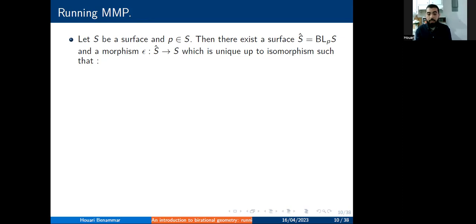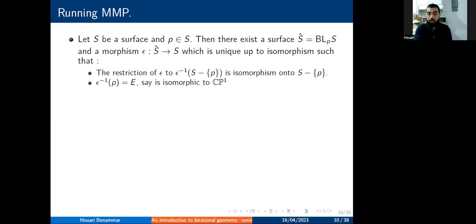Okay, so let S be a surface and P a point. Then there exists a surface S hat, which is the blow-up of S at the point, and a morphism from S hat to S, which is unique up to isomorphism, such that the restriction to the pre-image of S minus this point is isomorphic to S minus this point.